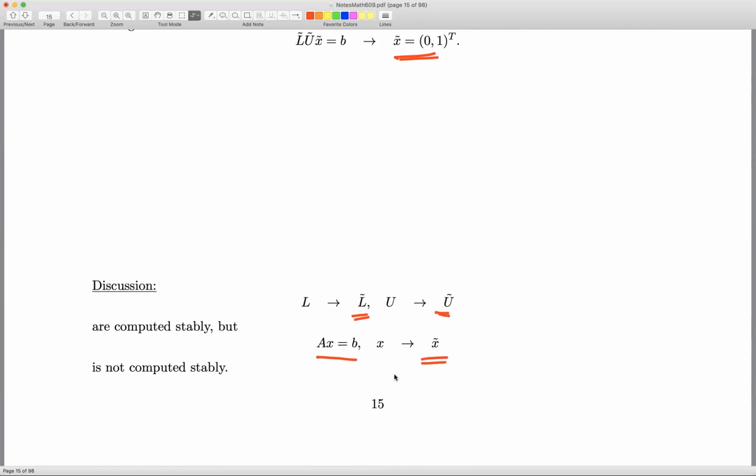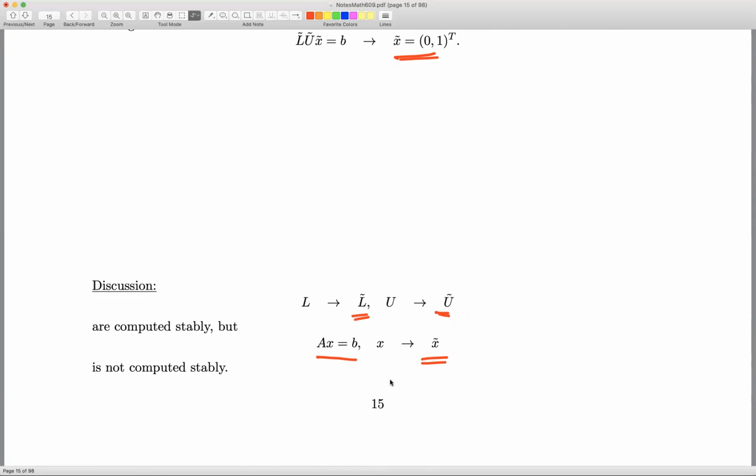We ended up with a vector that is very different from the vector that was supposed to be the solution of our system. So one has to be careful about this.